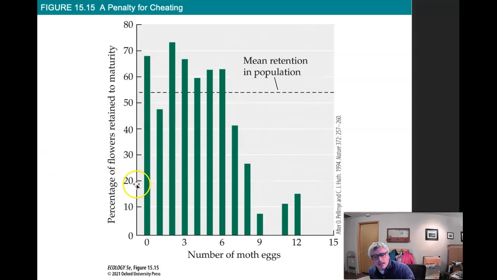So this is the percentage of flowers retained to maturity combined with the number of moth eggs present. If you lay 6 eggs or fewer, the likelihood of that flower being retained to maturity is quite high. If there are 7 or more moth eggs, the likelihood of the flower coming to maturity is quite low.